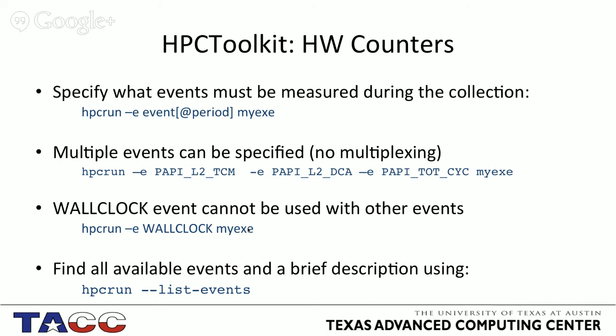And so if it says it's not profilable, that's a defined event, but in the particular processor that you're working with, you cannot collect any information about it. And that's just because the vendors program these things in different ways. Some of these counters are missing in some processors, and so on and so forth. But this will give you the information on what you can collect overall, and with that you can build your hpcrun command line.